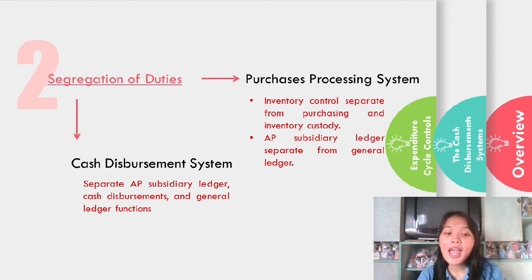So basically, if these functions, writing checks, posting to the cash account, and maintaining AP, are not segregated, an individual who has such combined responsibilities could commit fraud against the firm. How? Through withdrawing cash personally, then just recording such a transaction as if it was a payment for a past transaction.